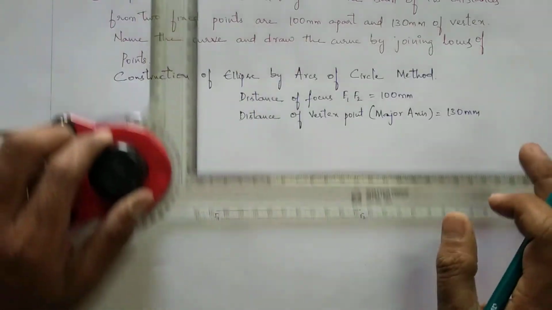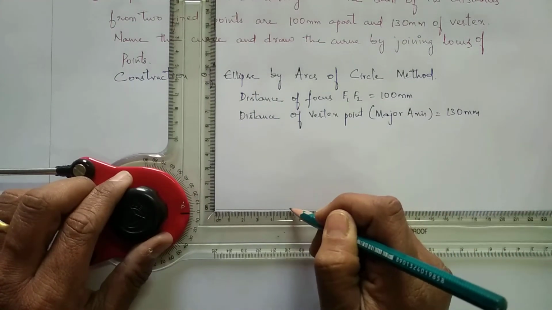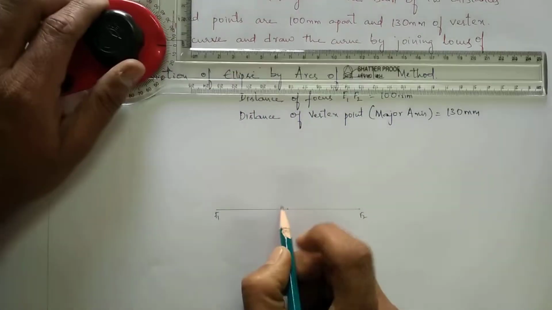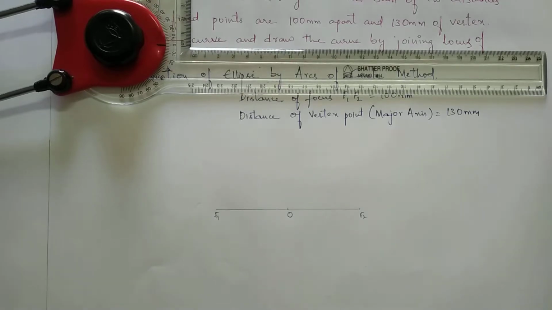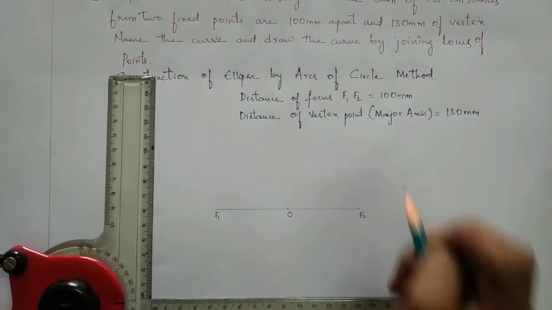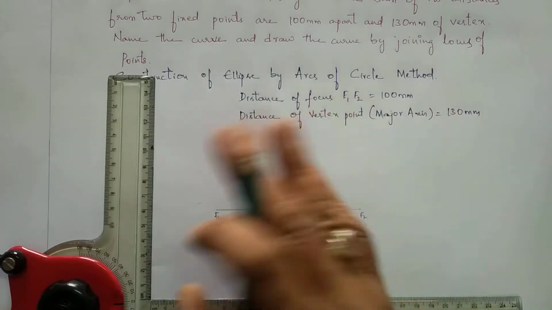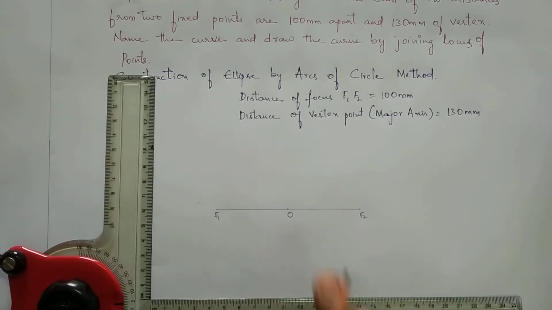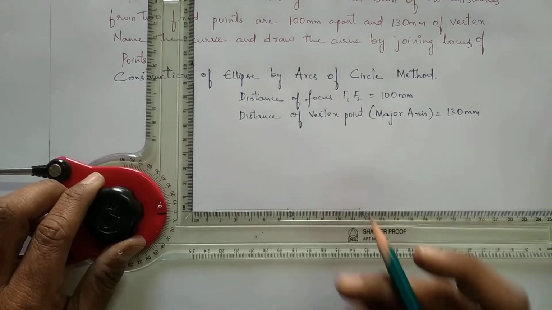Mark the midpoint of these two points; I am marking this point as O. Now from O, the distance between the vertex points is around 130 mm. So half of that from O is 65 mm and 65 mm. You can measure it and put that.